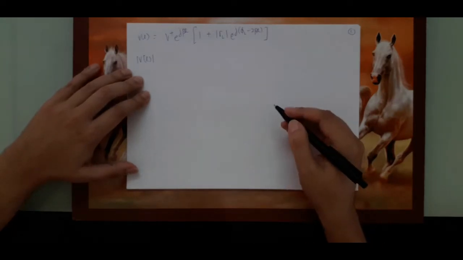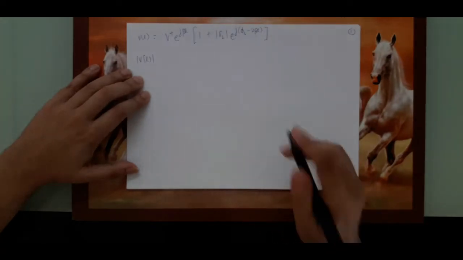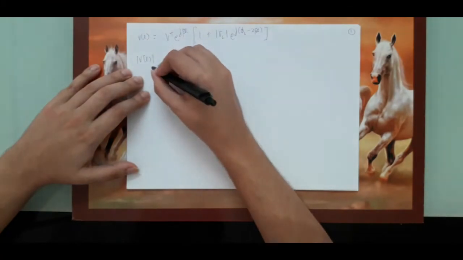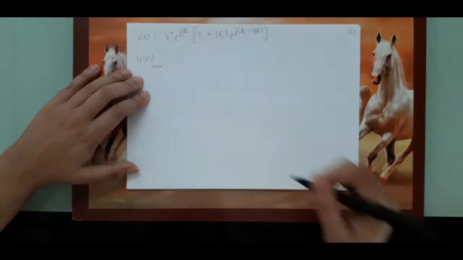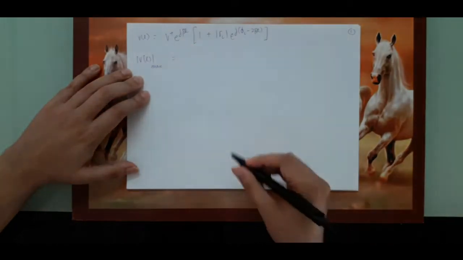So therefore, now that we have derived the conditions for maxima and minima, let us write what they will be. The maximum magnitude of V of L will be what?